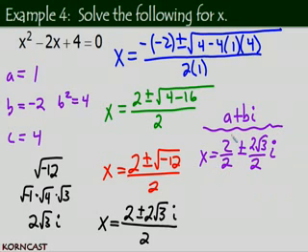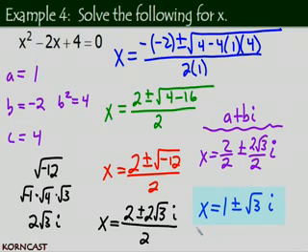So now all we have to do is simplify the real and imaginary parts, giving us x is equal to 2 divided by 2, which is 1, plus or minus 2 root 3 divided by 2, which is root 3, times i. So the solution to x squared minus 2x plus 4 is equal to 0 is x equals 1 plus or minus root 3 times i.